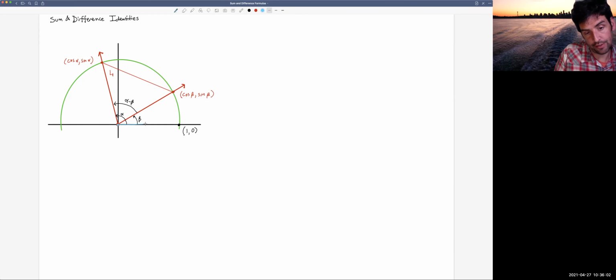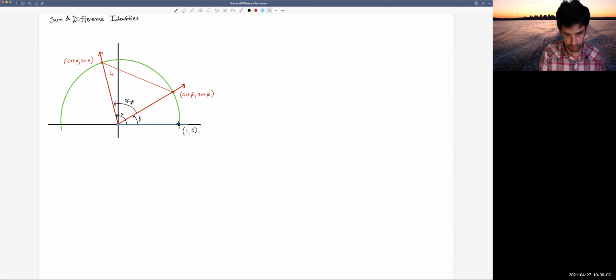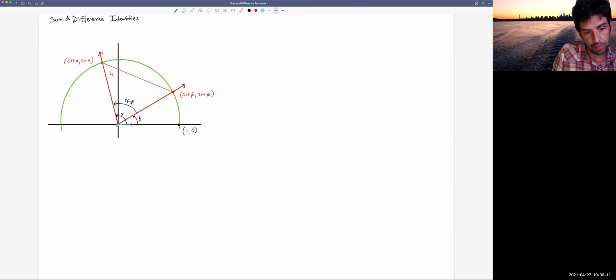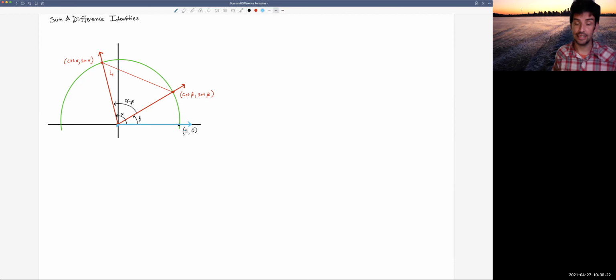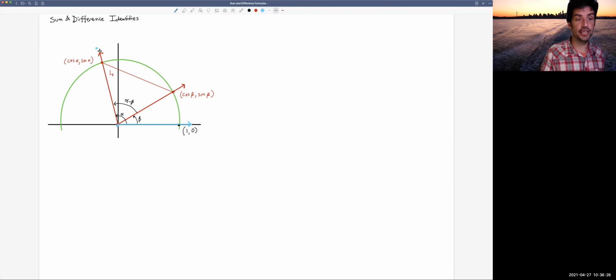So we'll have a side here. Actually, sorry, let me make that a little thicker. So that ray that used to be pointing out in the direction of angle beta, I've turned it this way, right? I've rotated it clockwise.